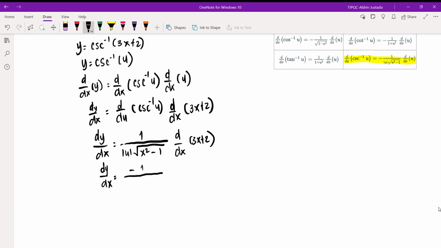Your u, yun natin is 3x plus 2. 3x plus 2 square root of, sorry, it's u squared pala, hindi x squared. Oh my. And it's u squared. Okay? Times the square root of 3x plus 2 squared minus 1 times derivative of 3x plus 2 is 3. Okay?